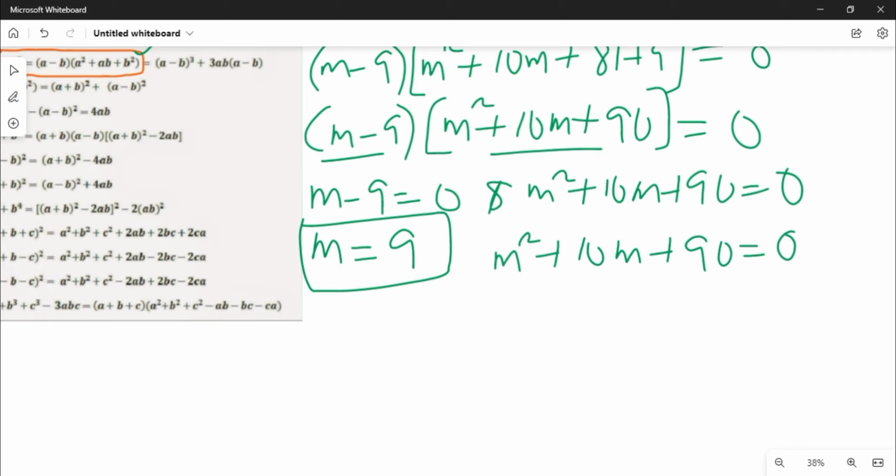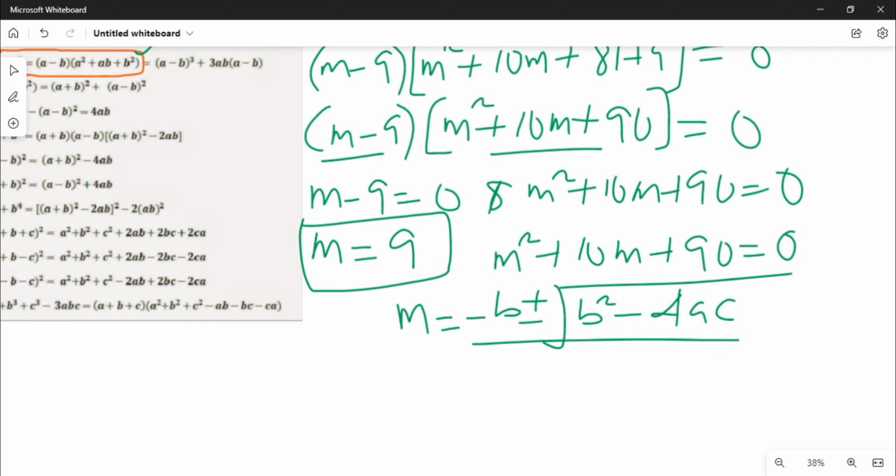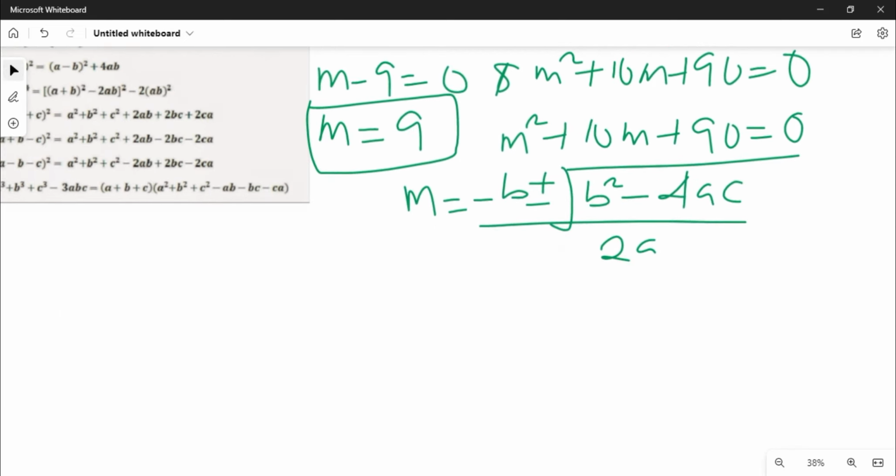The quadratic formula will have our m equal to minus b plus or minus the square root of b squared minus 4ac, all over 2a. Now we will see that our a in this instance is equal to 1, our b is equal to 10, and our c is equal to 90.